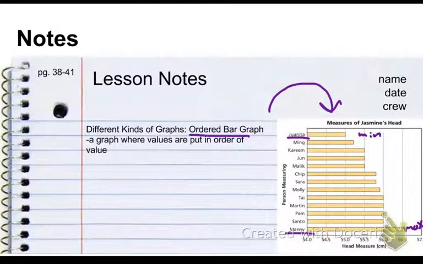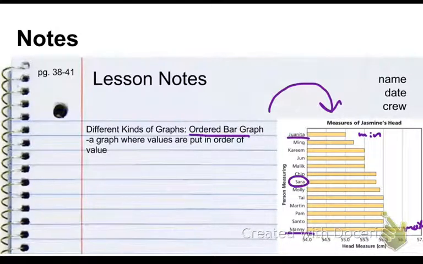And I know that somewhere in the middle here, maybe Sarah is going to be my median. And looking at kind of the weight of the numbers, I know probably somewhere near Sarah, maybe Molly, I'm going to find my mean, my average. So we can do a lot more things with an ordered bar graph.